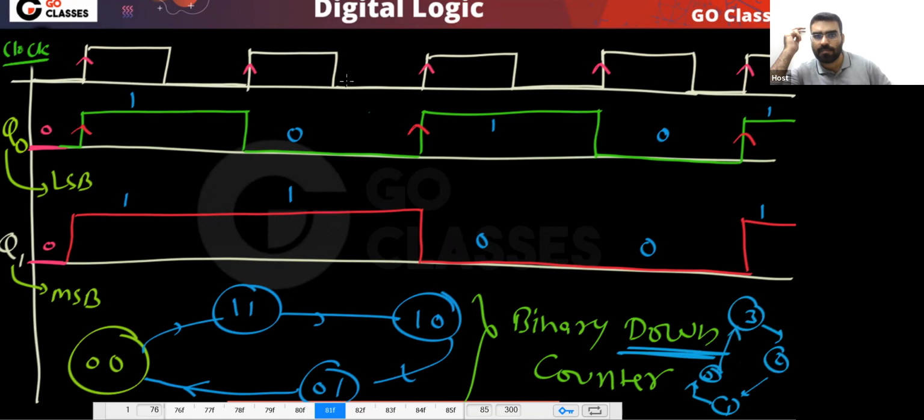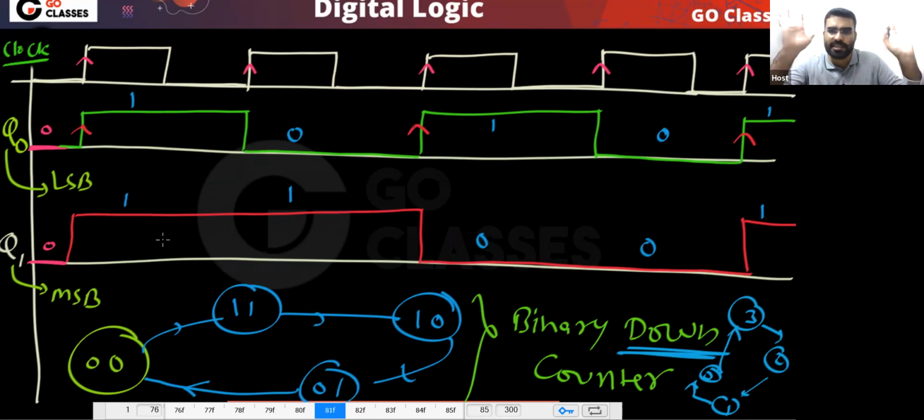Remember. Is this clear? Let me know. This point is clear to everyone: this is a binary down counter. You made a mistake, right? Some of you were saying from 0 0 to 0 1, then 1 0, then 1 1, giving the answer binary up counter, from 0 to 1, 1 to 2, 2 to 3.